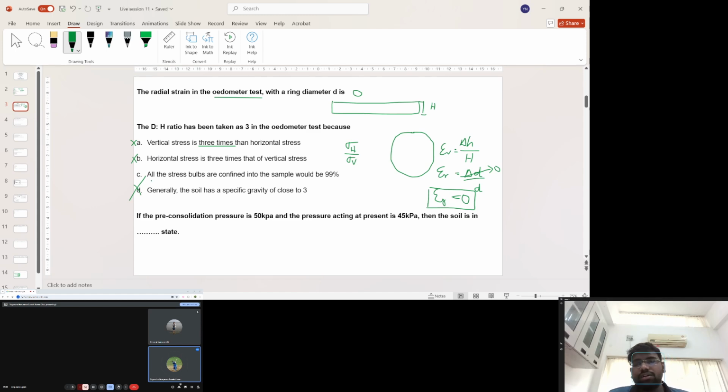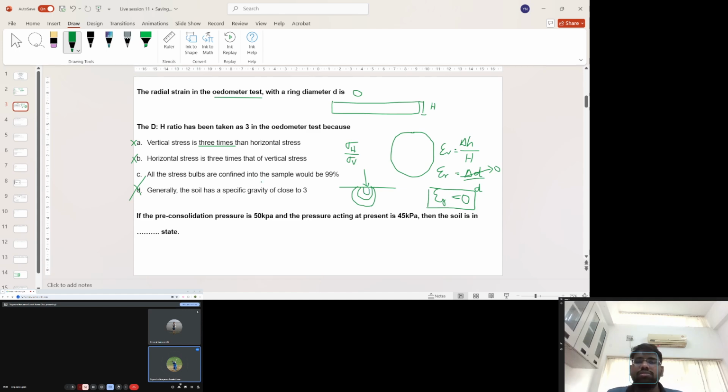The primary reason for choosing these dimensions is that due to the application of loads, pressure bulbs will develop, right? You would have studied this in the previous week. Similar to like this.